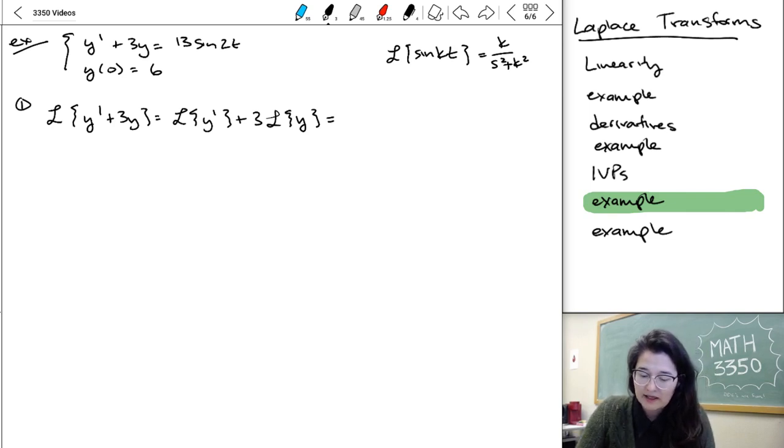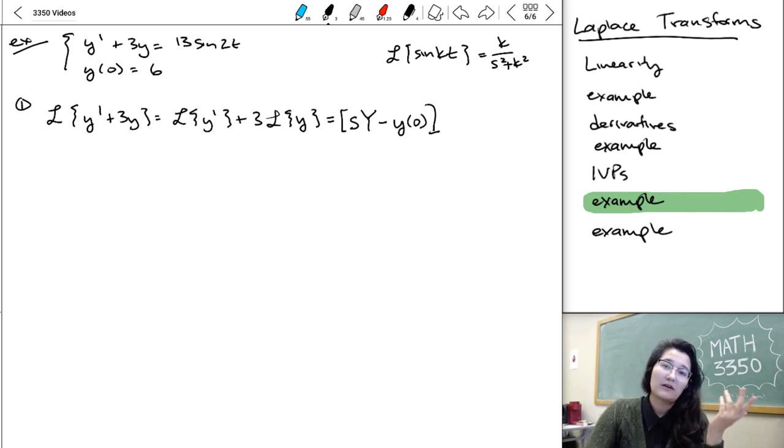And then I'm going to need to use that derivative property to deal with y'. So it's a first derivative, so I take s to the first power multiplied by capital Y, and then I subtract y(0) with no derivatives, and I'm out of powers of s.